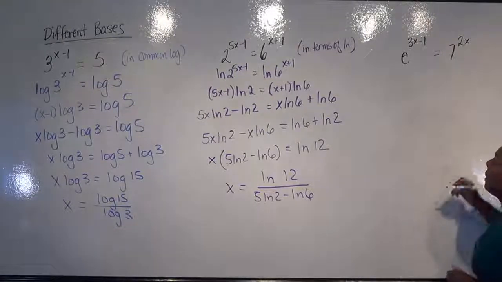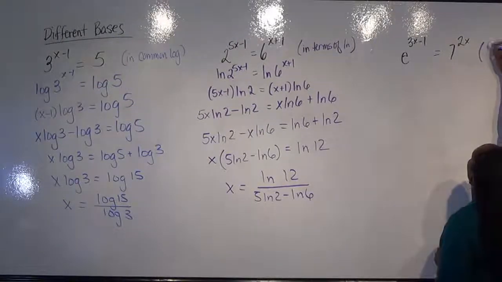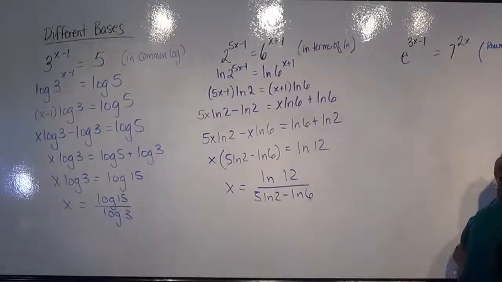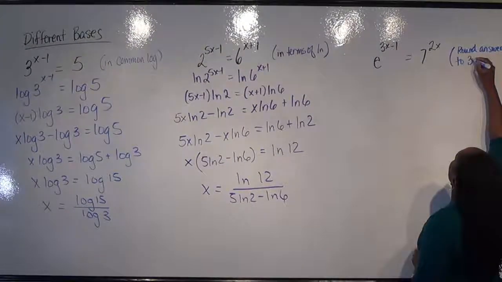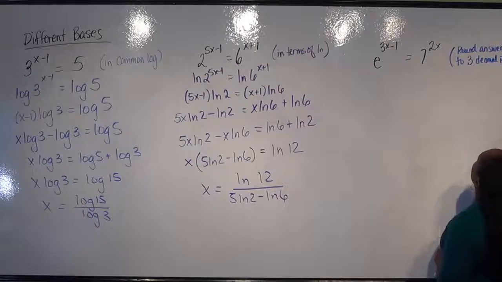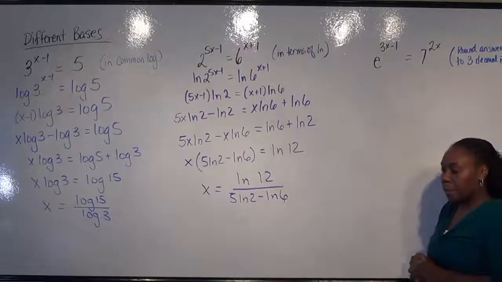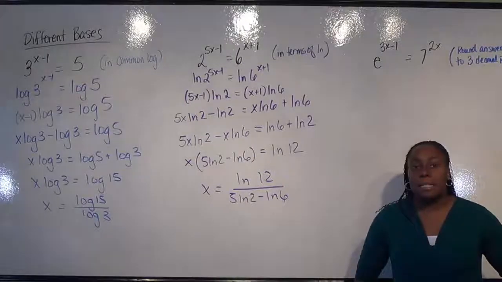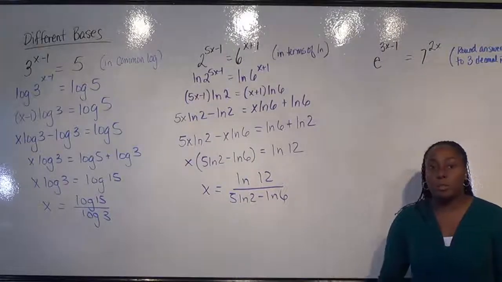Alright, for this one, let's say we want to round the answer to 3 decimals. Okay? Now, the reason I said that is because this one doesn't tell you which logarithm you need to use.